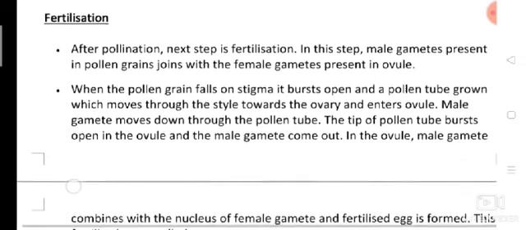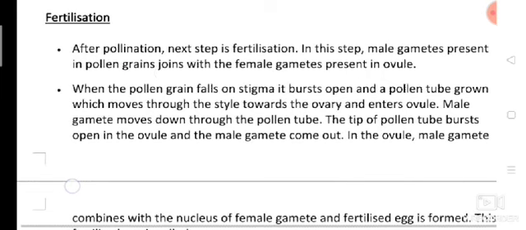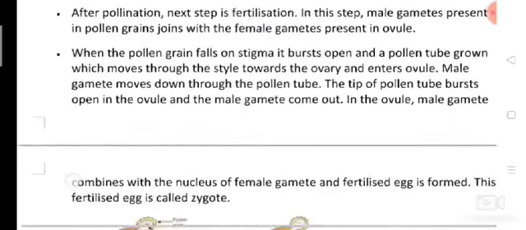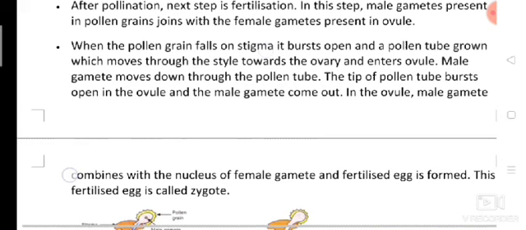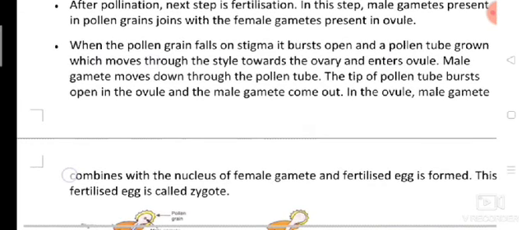Fertilization. After pollination, the next step is fertilization. In this step, male gametes present in pollen grains join with the female gametes present in the ovule. When the pollen grains fall on the stigma, they burst open and the pollen tube grows, which moves through the style towards the ovary and enters the ovule.